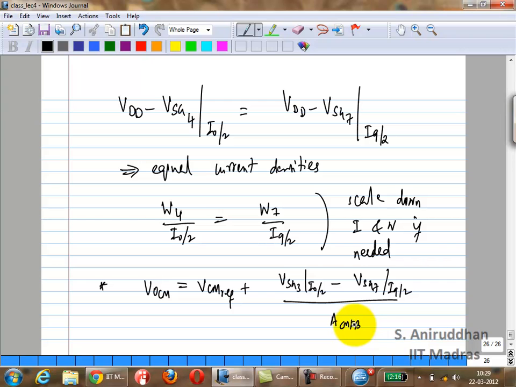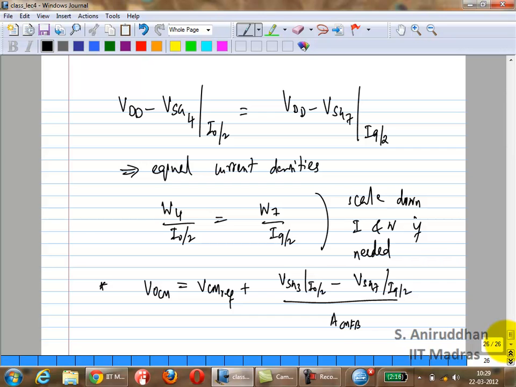Okay, so in general you will get an offset which will be divided by the gain of the common mode feedback loop. Okay. So that is as far as your gain goes.